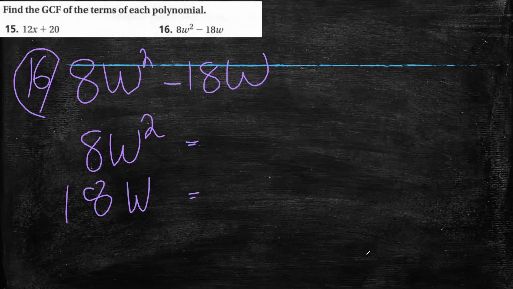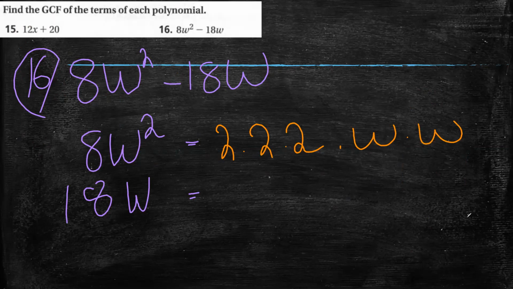Look at the first one now. We can say 2 multiply 2 multiply 2 times w times w. Two w's, yes. Look at 18 now. It is 2 times 3 times 3. Is it right?